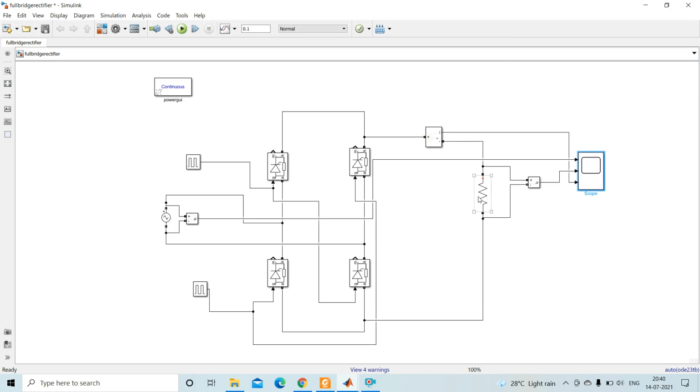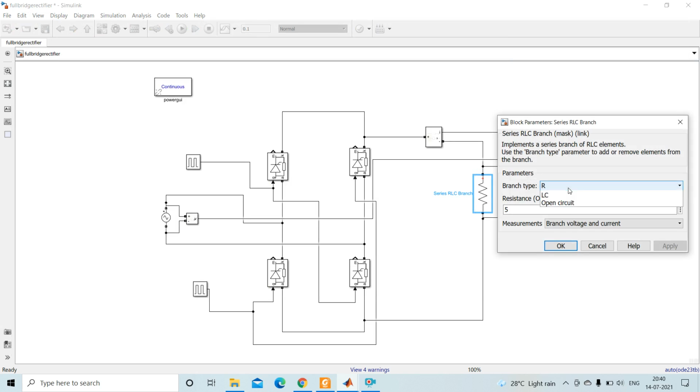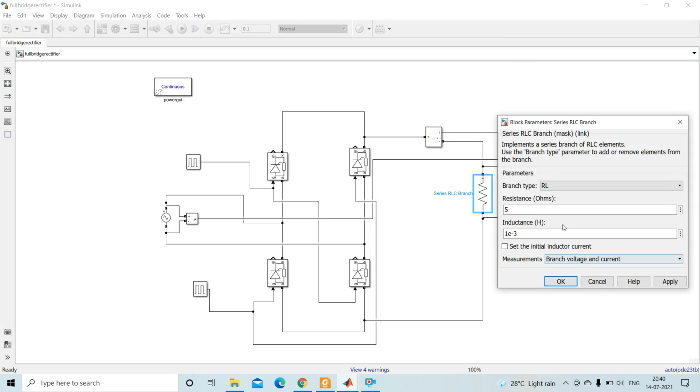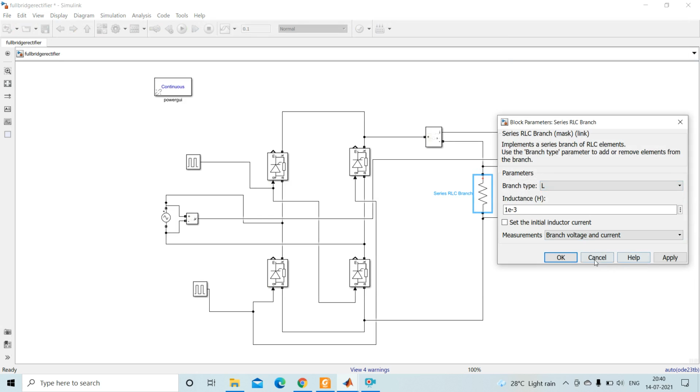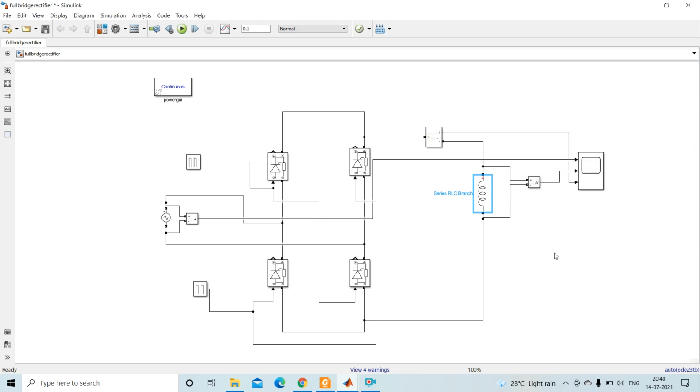If we use an RL load here, or you can use only an inductive load, no problem. Apply, then simulate this structure again and check the output.